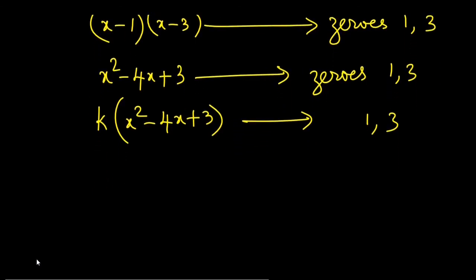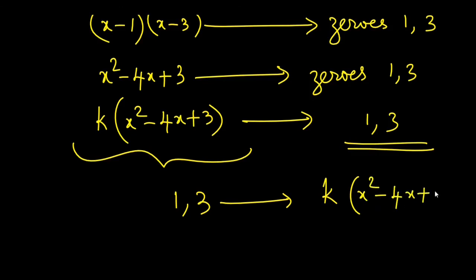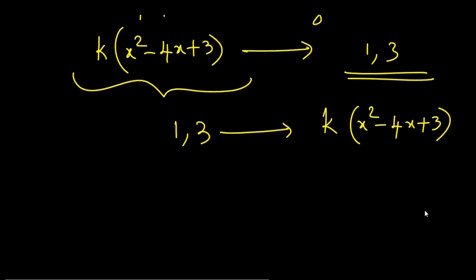So there are infinitely many polynomials with the given two zeros. Given zeros 1, 3, we can write infinitely many polynomials. They are k into x square minus 4x plus 3. If we take k as 1, that is x square minus 4x plus 3.